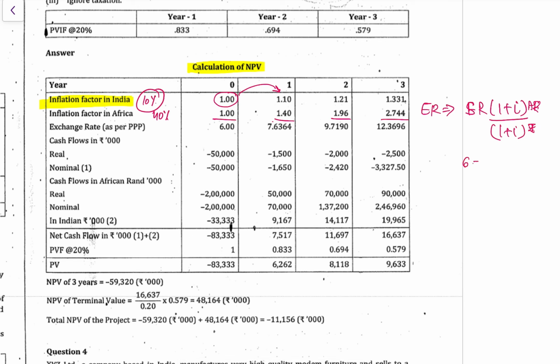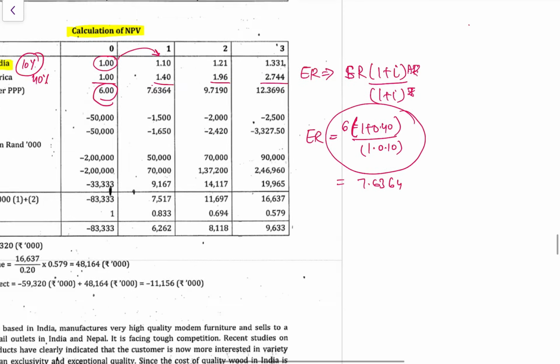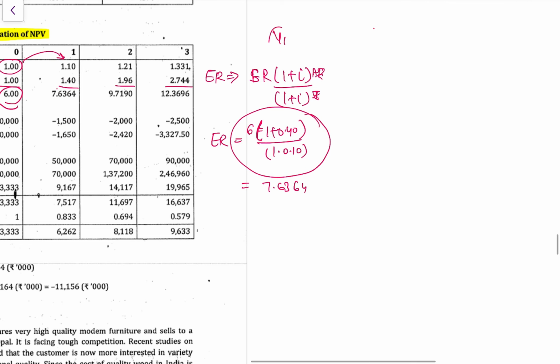So spot rate is 6. For the first year it is 1 plus 0.40 divided by 1 plus 0.10. So I get my exchange rate as 6 for year 0, and after calculating this I get my answer as 7.6364 for year 1.